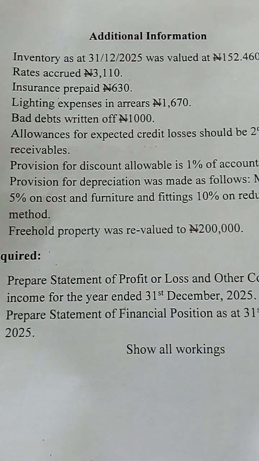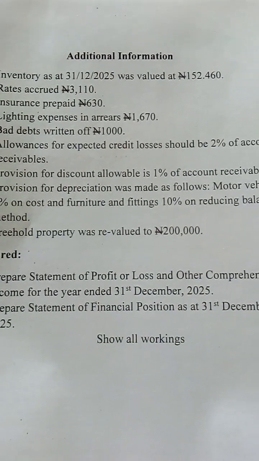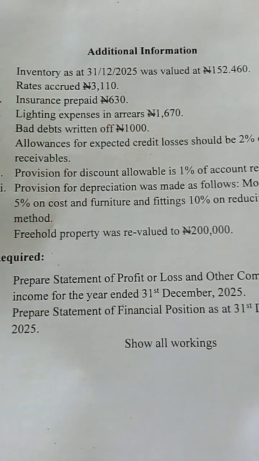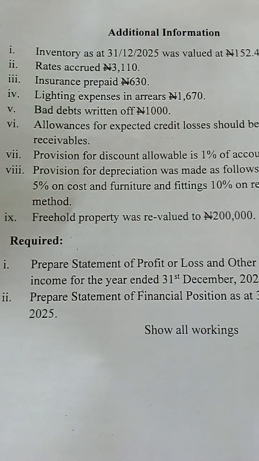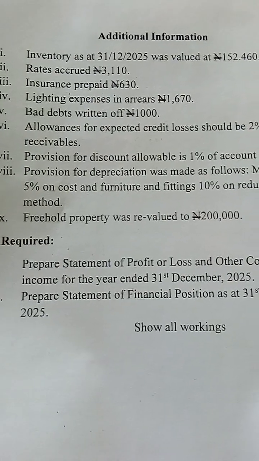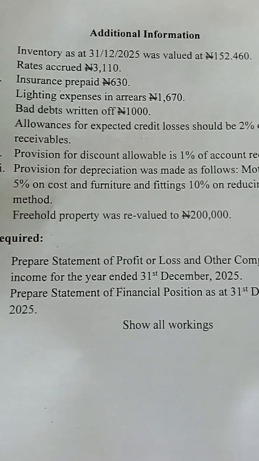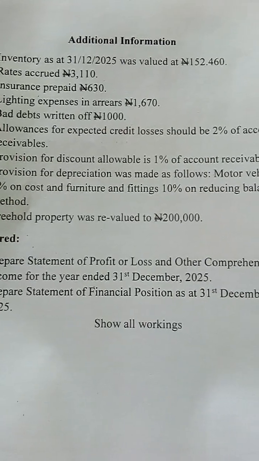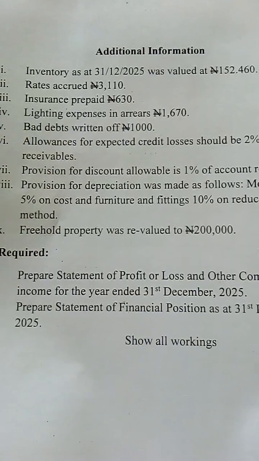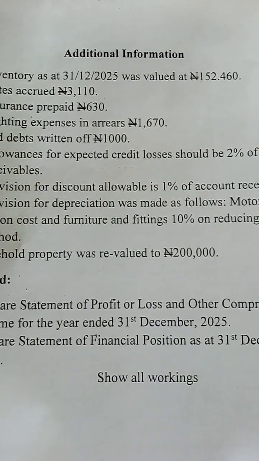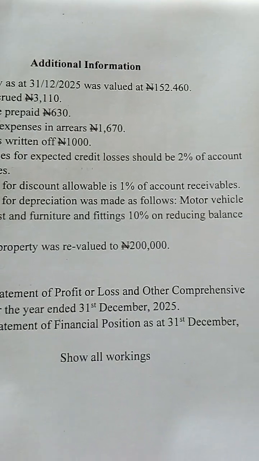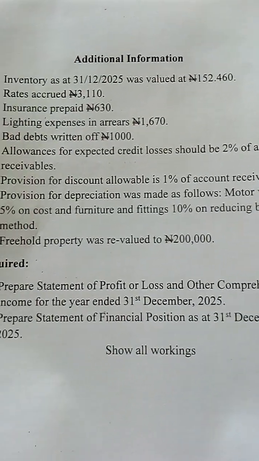The seventh, provision for discount allowable is 1% of account receivables.